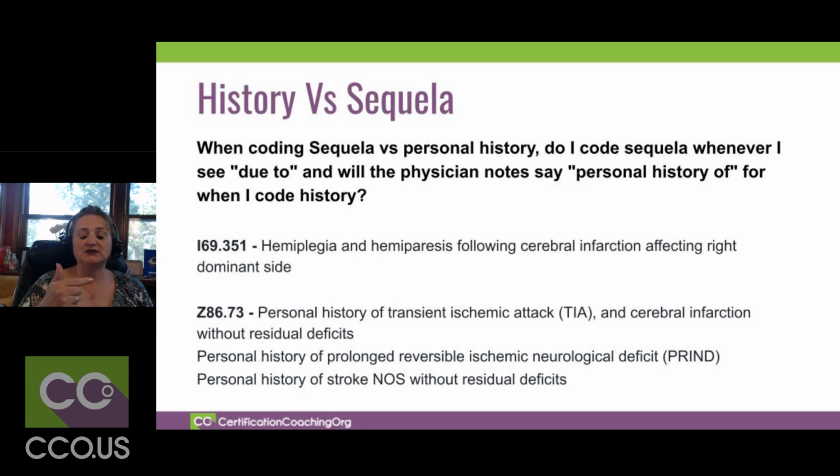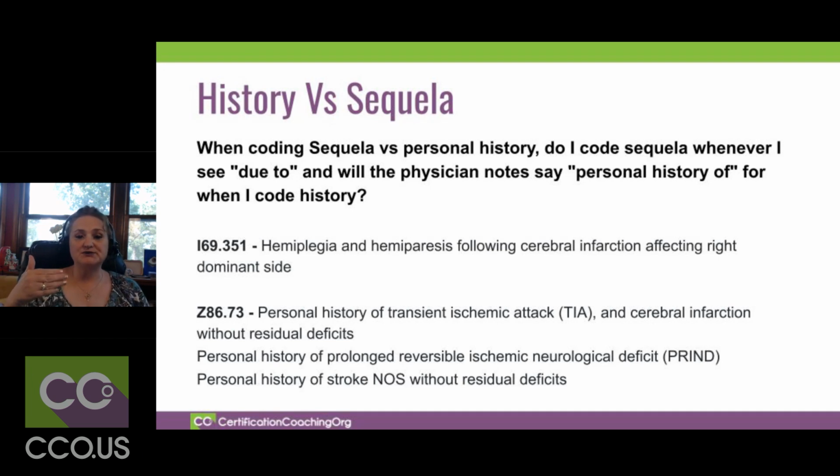So let's look at the two examples that I pulled up. If a person has a stroke, then that person in the acute phase is in the hospital, right? And when they're released from the hospital, wherever they're released to, they may or may not have a residual or a late effect or a sequela from the stroke.